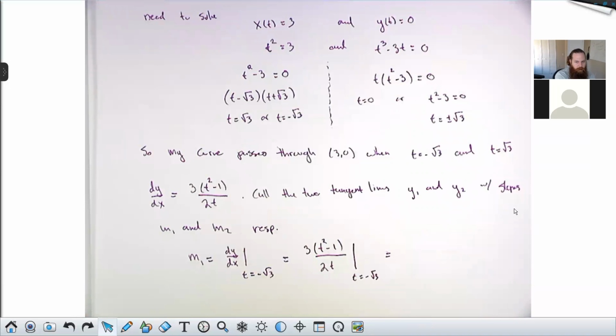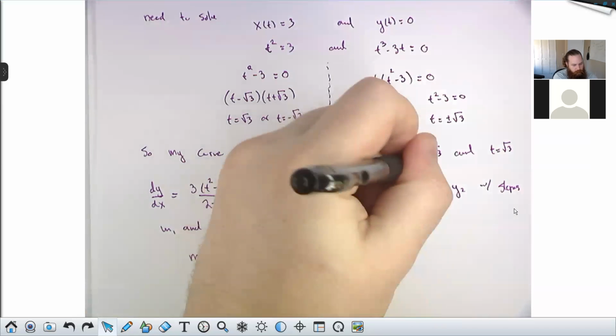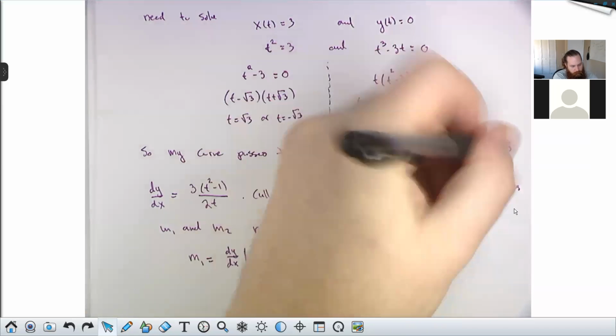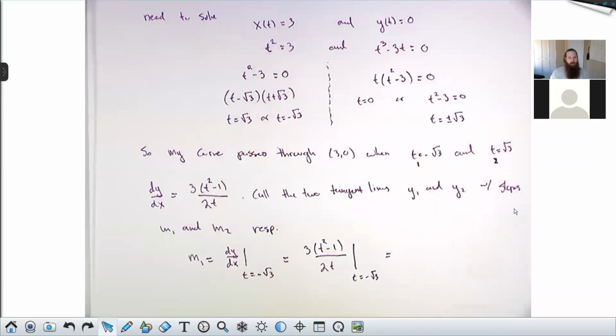So I'm going to go ahead and plug in negative square root of 3 for t into my derivative. That will give me the slope of that first tangent line, the tangent line associated with this guy. I'll call this t1 and t2 to make life a little easier, to help us see where each thing is coming from.